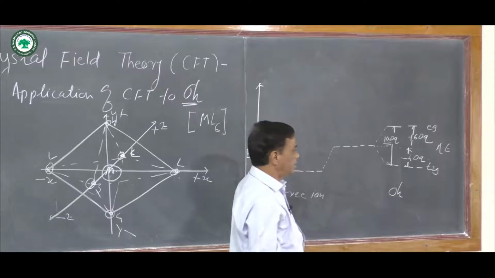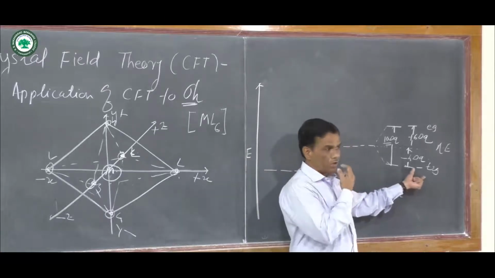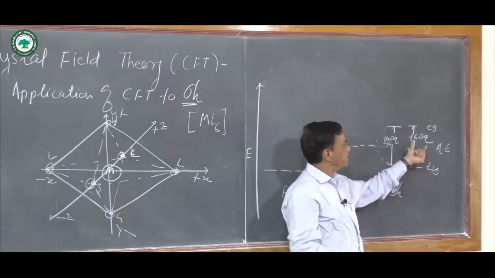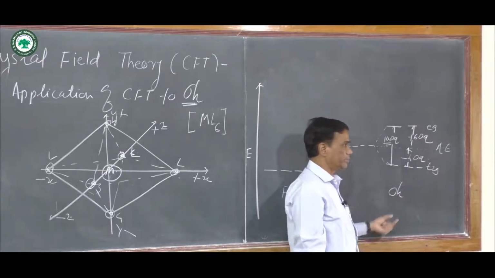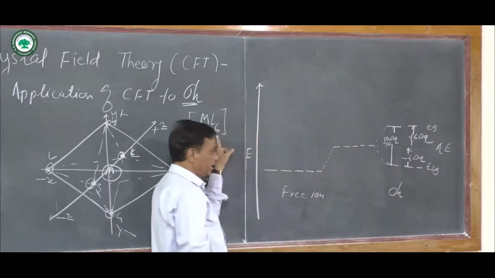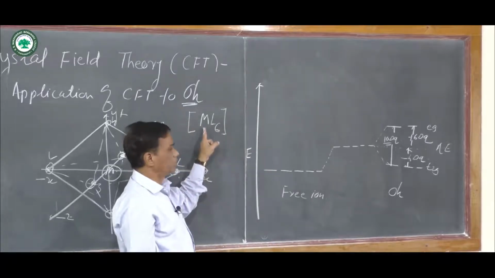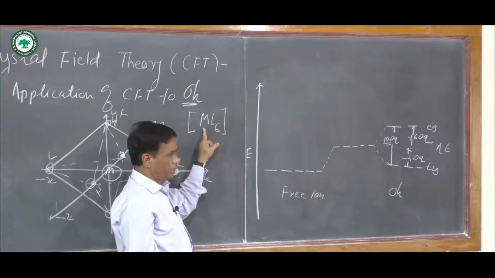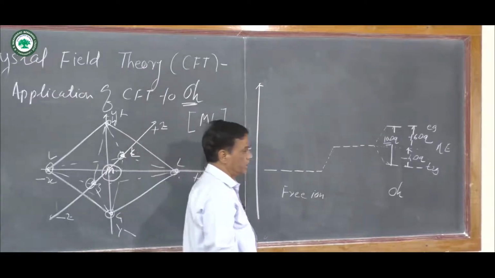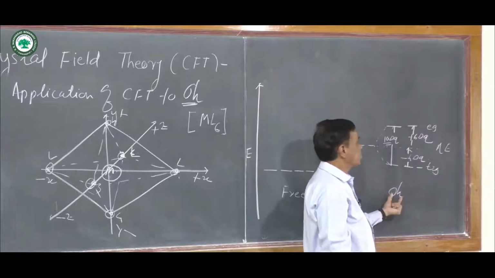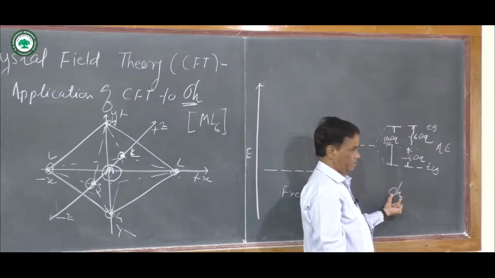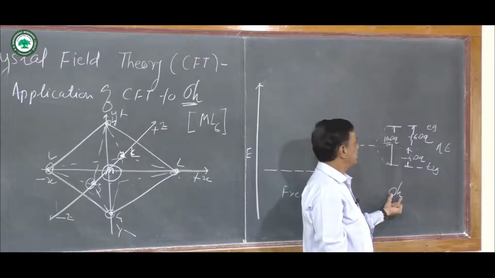In octahedral arrangement, T2g orbitals have lower energy compared to Eg orbitals. Octahedral arrangement means 6 ligands surround the central metal ion, and there is splitting of 5d orbitals into 2 sets, T2g and Eg.